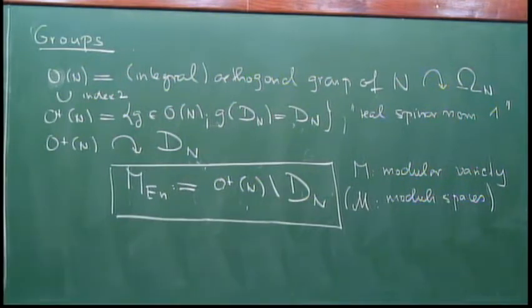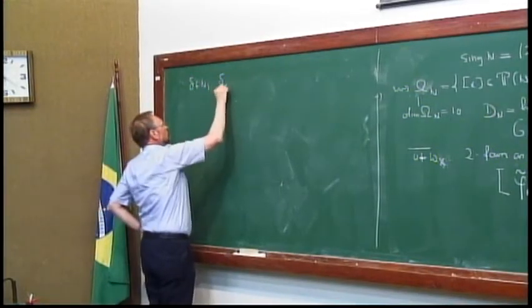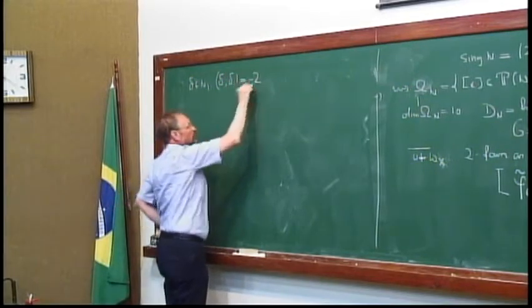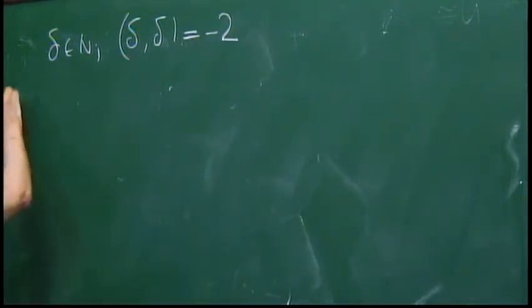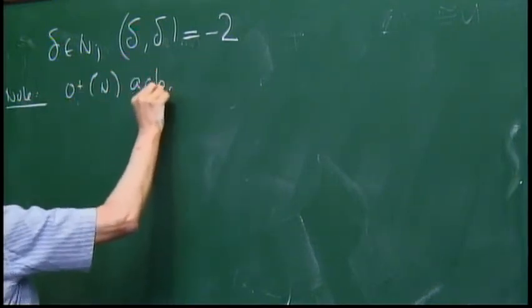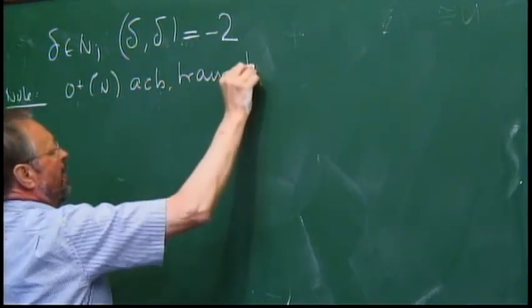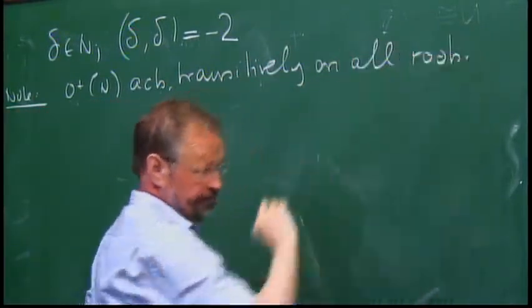Okay, now we need something else. We have to take out a divisor. So let me take delta in N, a root, so an element of order -2. And note O^+(N) acts transitively on all roots.